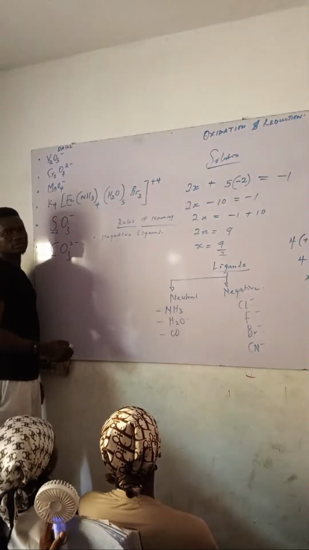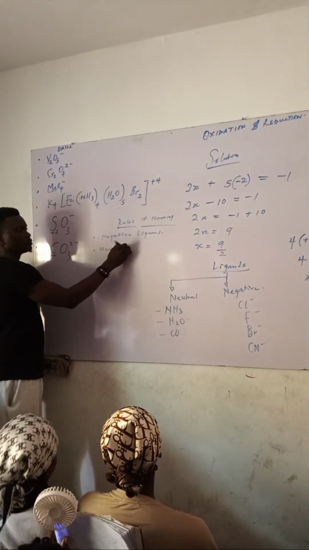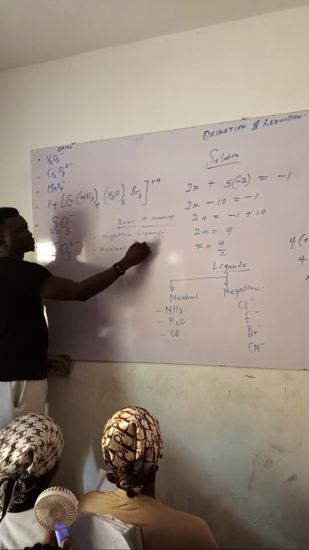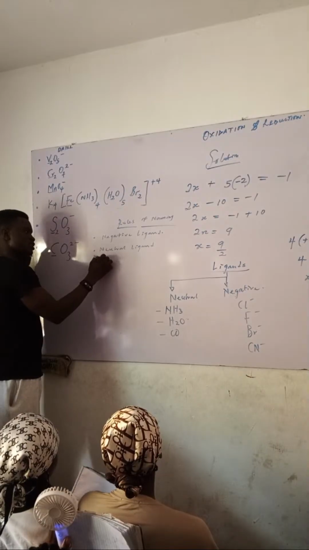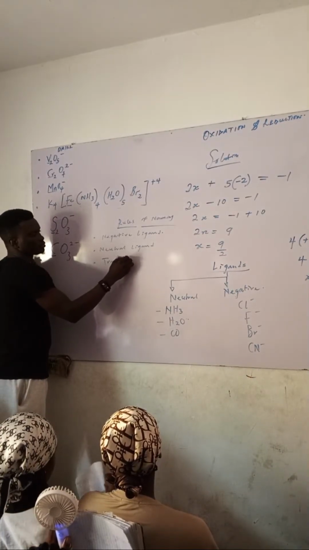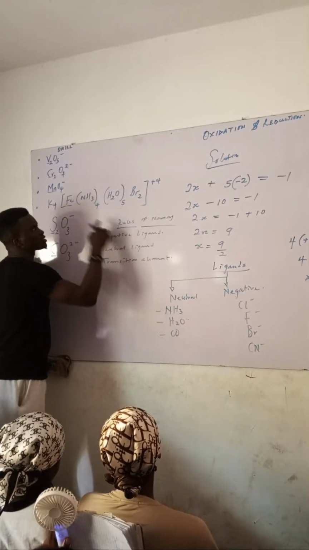Then you name the neutral ligand. Then you name the transition element. That's the rule for those in the brackets.